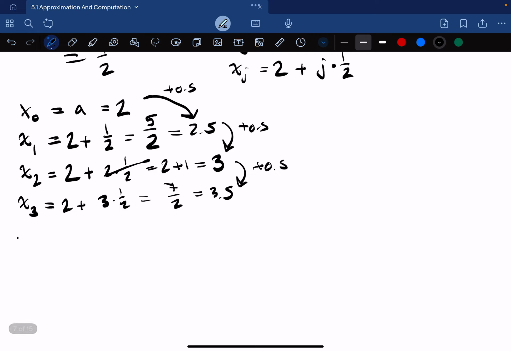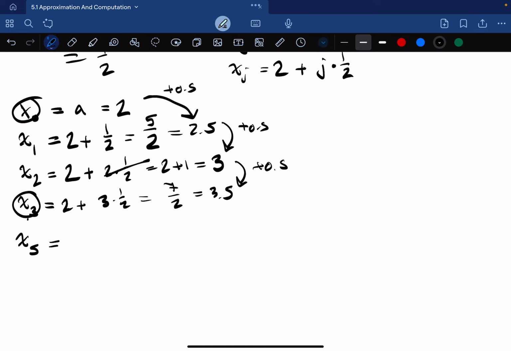So if I want to get to, let's say, x of 5 and just skip over x of 4, and I don't want to calculate x of 4, all I need to know is that x of 5 is 2 points away from x of 3, and it is 5 points away from x of 0.